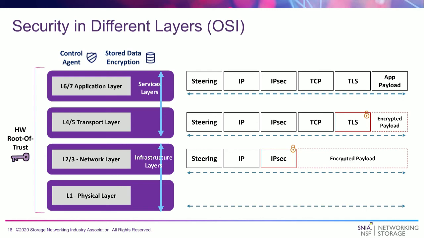This is happening at the infrastructure level, while in the case of transport layer security, TLS, this is happening at a higher level in which there is a TCP connection between different applications, and encryption is handled per connection, encrypting all of the payload, and eventually this is an encryption in the context of the application.